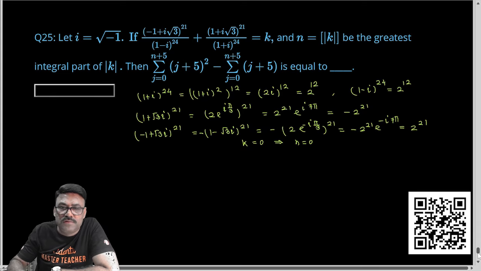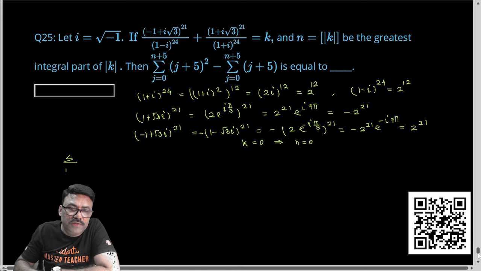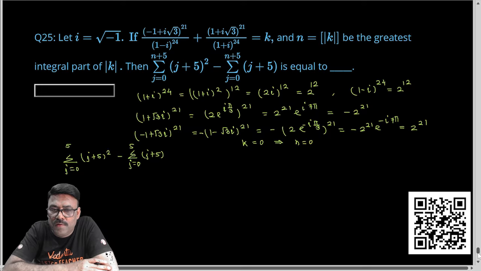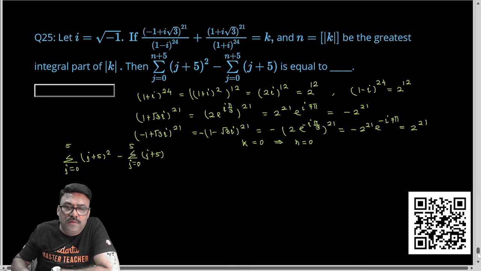Now let's find this summation. So this summation is j varying from 0 to 5, j plus 5 whole square, minus j varying from 0 to 5, j plus 5. It is a very simple question of summation, just put the summation here.